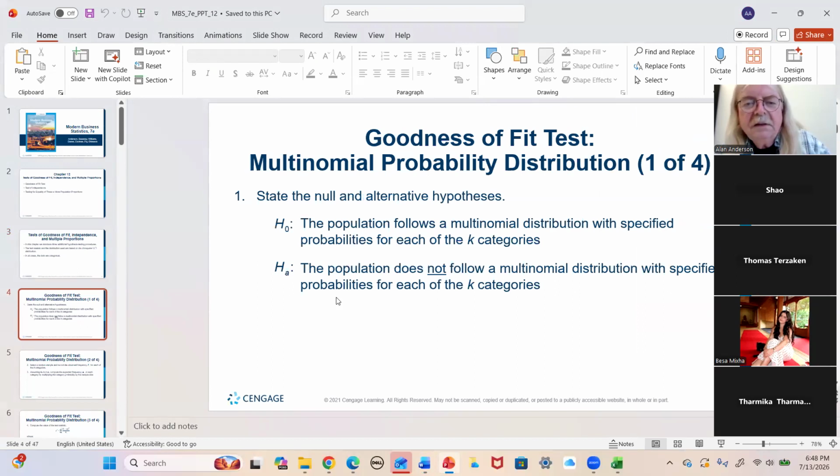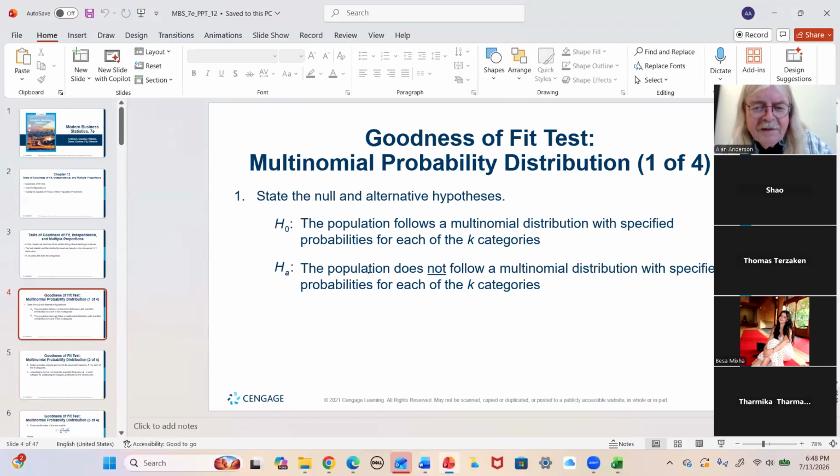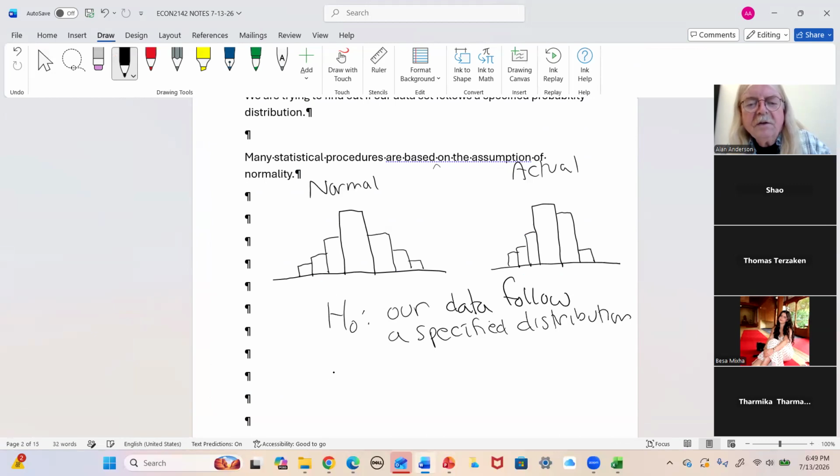So now the null in a case like this would be, all right, I'm going to trim this down a bit. Our data follow a specified distribution. The alternative is that they do not.